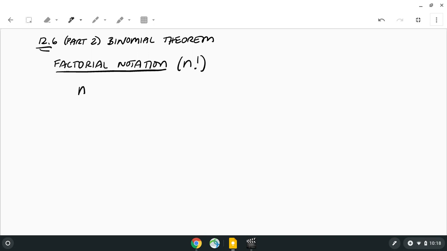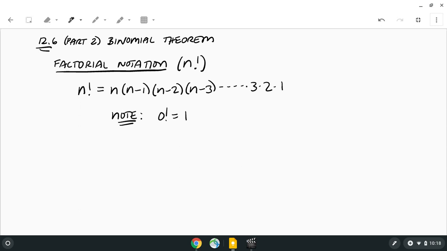What this means is n times the number before it, times the number before that, times the number before that, until you get 3, 2, 1. And note that we've defined 0 factorial to equal 1.